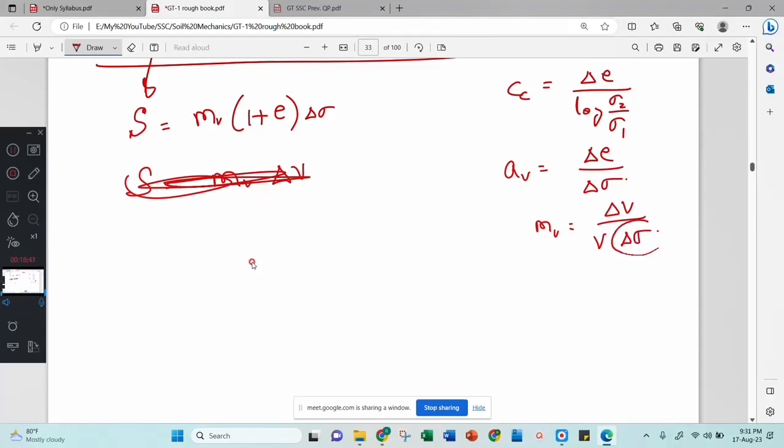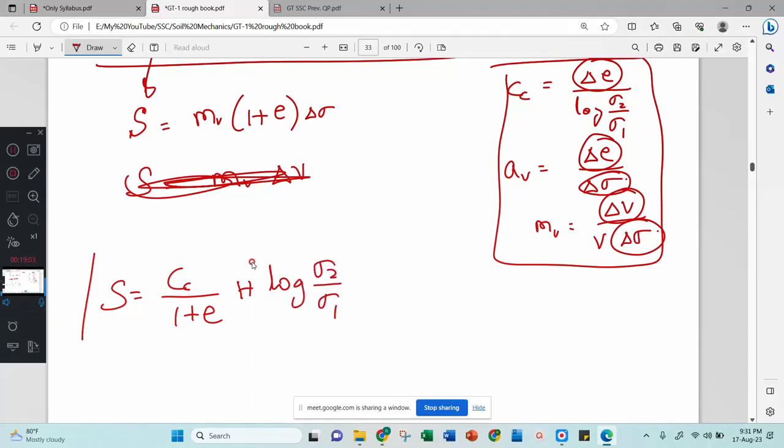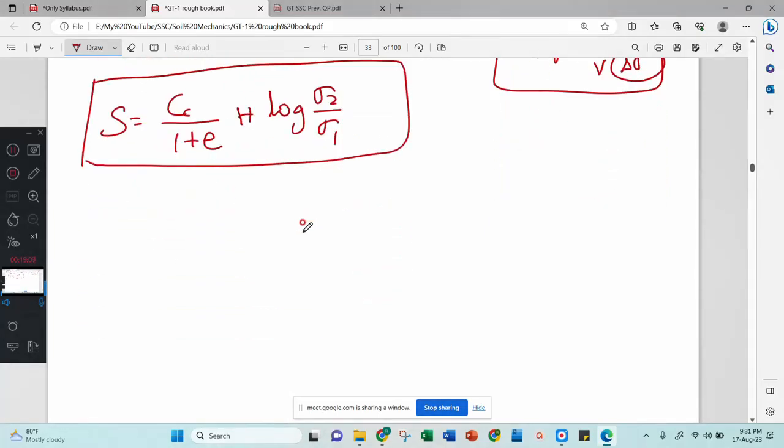See here, delta sigma is there, here delta sigma is there, and here delta v is there, delta e is there, delta v here, and like that you do some manipulation here and there, then you will get a big equation. S equal to Cc divided by 1 plus e into H into log of sigma 2 divided by sigma 1. Right, now this is your settlement equation.